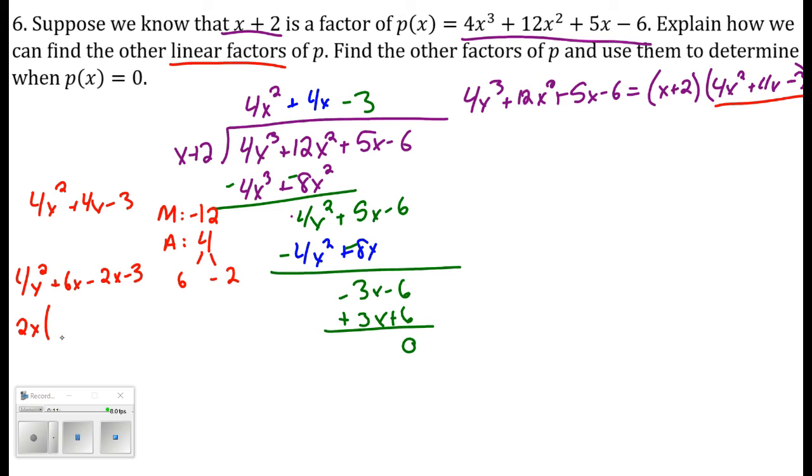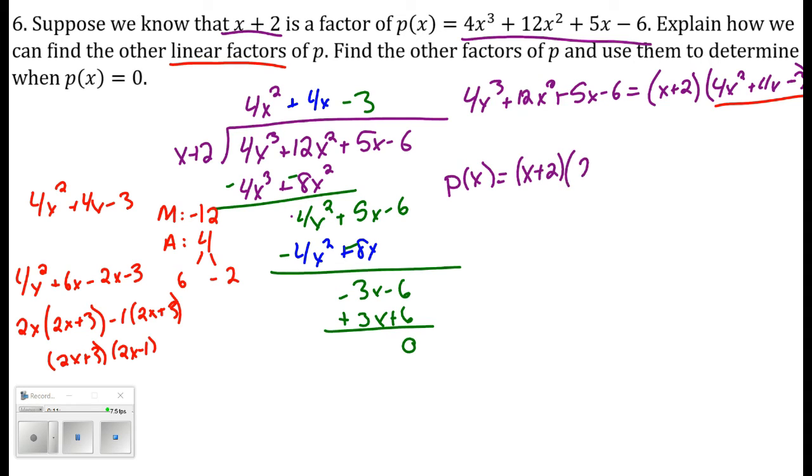Factor out the GCF: 2x plus 3, factor out a negative 1, 2x plus 3. So I know that 2x plus 3 times 2x minus 1 is equivalent to that trinomial. Therefore, p of x can be written as x plus 2 times 2x plus 3 times 2x minus 1.